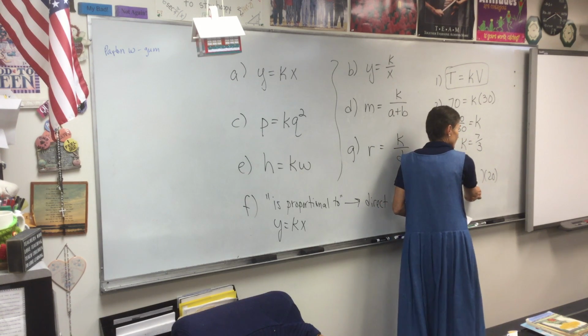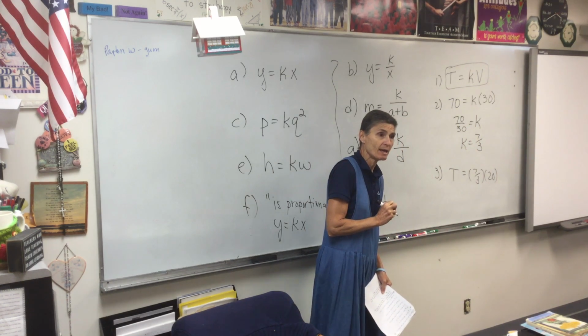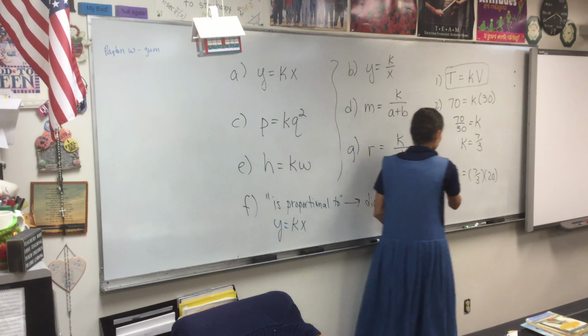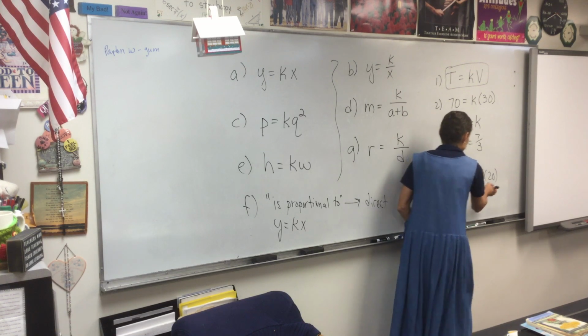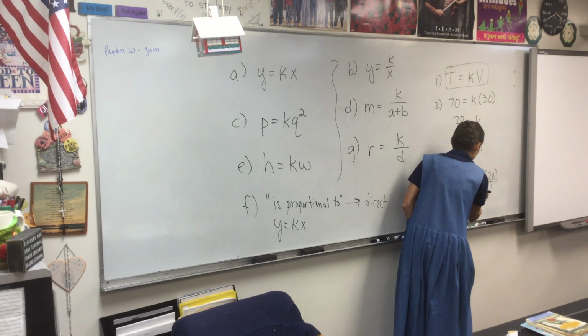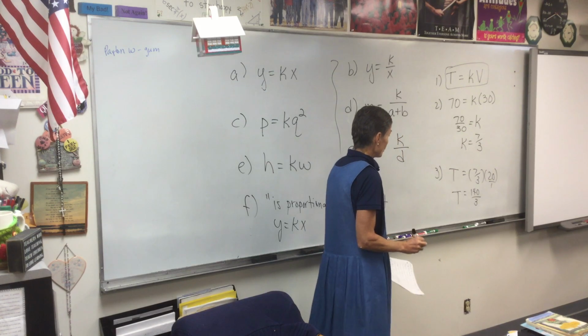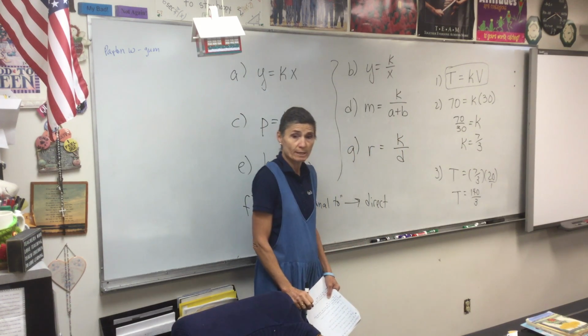What did I get? That's 7/3. I already figured that out, didn't I? Now I know K. So temperature is going to be 7/3 times 20, which you can type in your calculator or just leave as 140 over 3. So the temperature is 140 over 3.